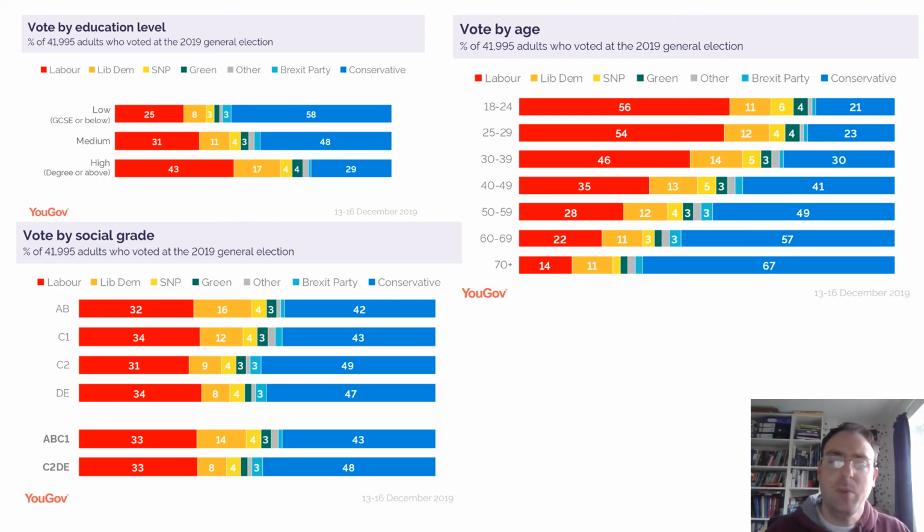So the Labour Party is picking up 32 in AB, 34 in C1, 30 in C2, and then 34 in DE. And the Conservatives are in the 40s going across. So it does look like education matters, age matters, but social class doesn't anymore.